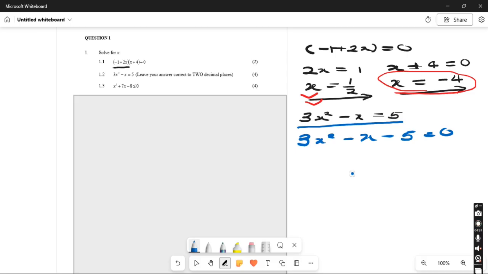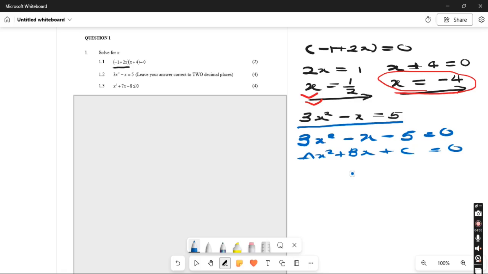You have been told about the quadratic formula. So this is a quadratic equation in standard form: ax squared plus bx plus c equal to 0. This is our standard form.